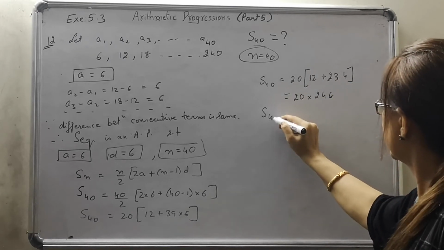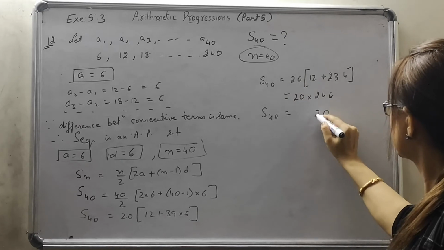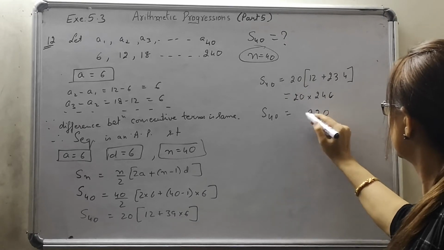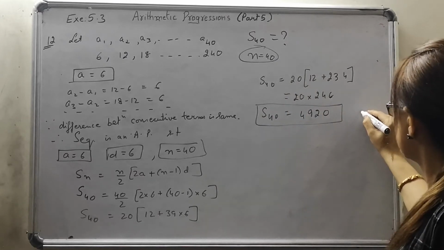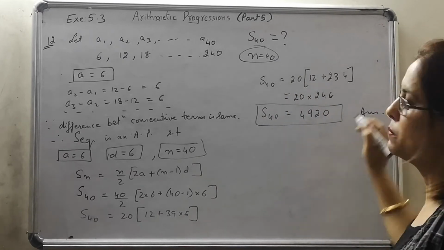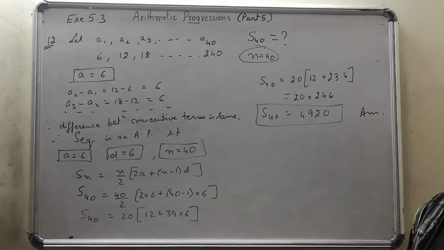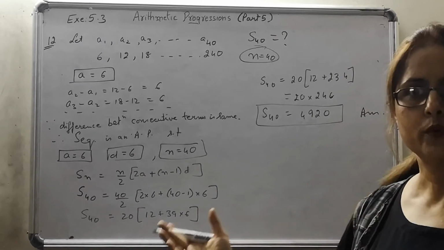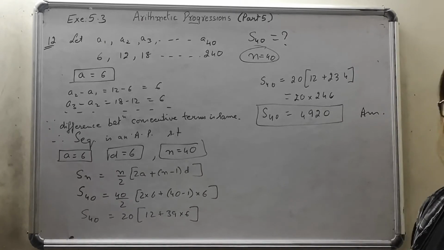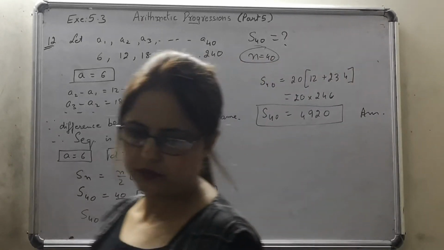So S40 is 4920. That is the sum of the first 40 positive integers which are divisible by 6. So this is how we apply the formula to questions of this type. I'll take this down and we'll move to the next one.